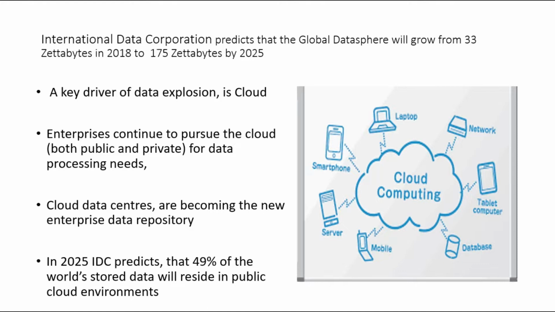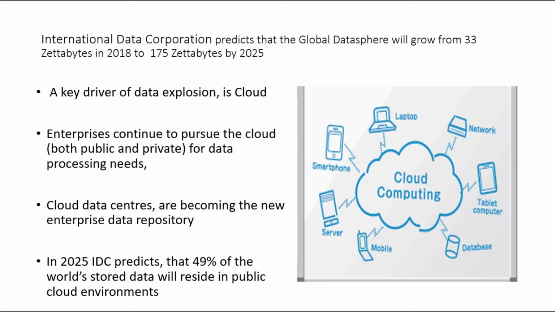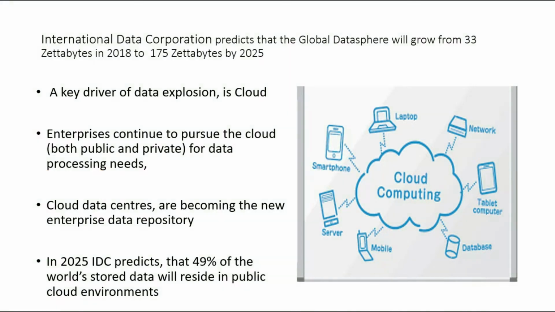A key driver of this data explosion is the cloud platform or the cloud architecture. Enterprises continue to pursue cloud, both public and private, for data processing needs. There are cloud data centers, and they're becoming popular for data repositories.